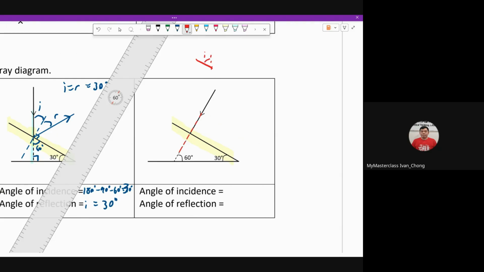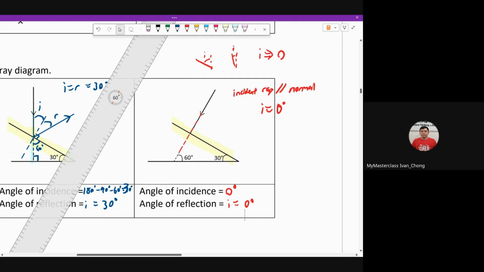If this gets smaller and smaller, you'll notice the I will actually approach 0, correct? So at this point where your incident ray is parallel to your normal, your I is actually 0 degrees. So over here, I is 0 degrees, I and R are the same. It is also going to be 0 degrees over here.